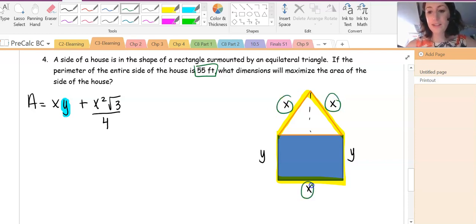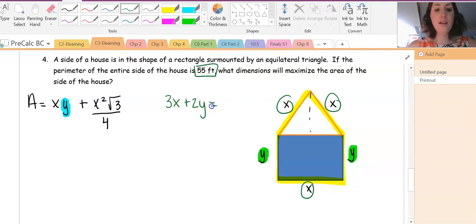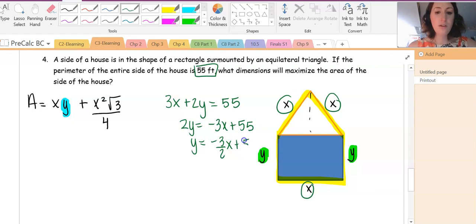It's 3 x's and 2 y's, right? So I'm going to say 3x plus 2y equals 55. And now, since I want to replace the y, what I'm going to do is solve for y in this equation. Okay, so I'll just subtract my 3x over, and then I'll divide by 2.